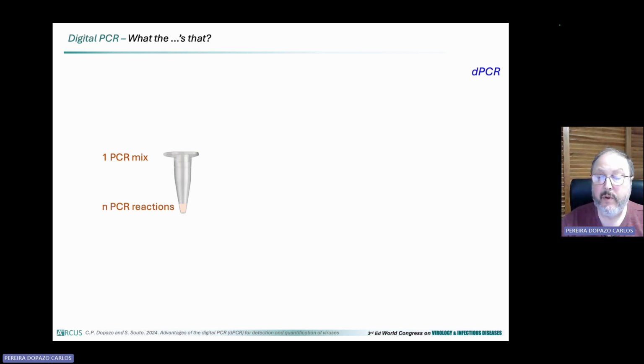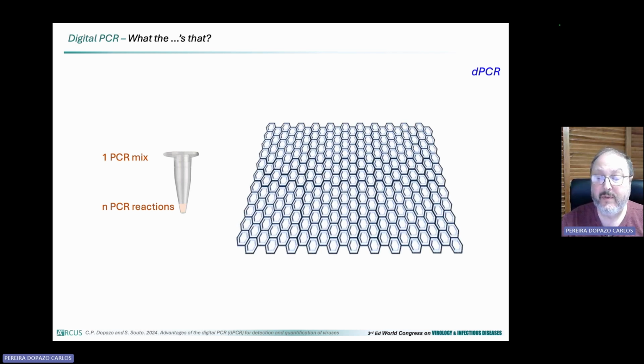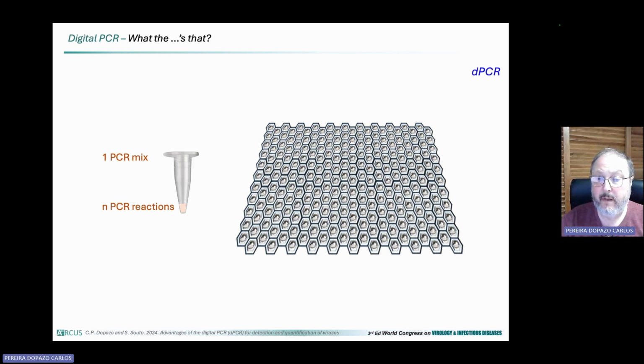But in this case, we are going to distribute this reaction in thousands of reactions, in thousands of partitions. And the best way to understand it is using the graphical view of one of the systems of digital PCR, which is a honeycomb of between 1,000 and 5,000, depending on the system, of microcells, and then the distribution of the PCR mixture into those cells makes us get thousands of drops.